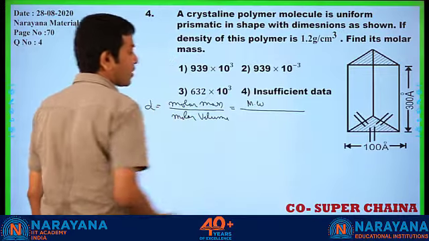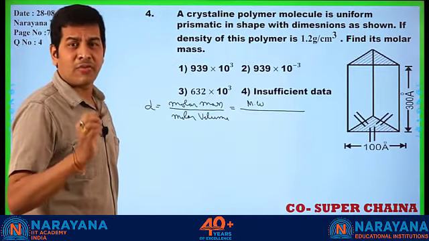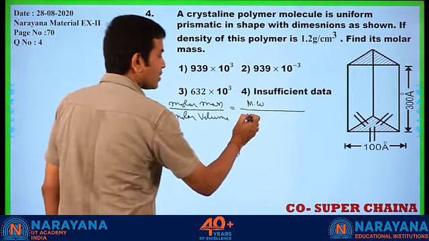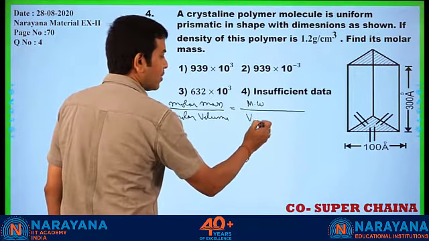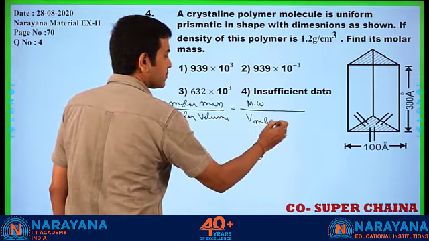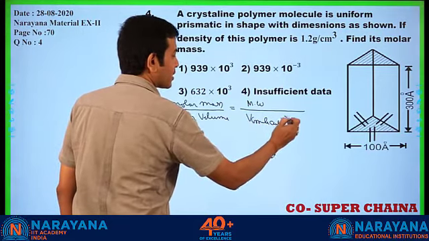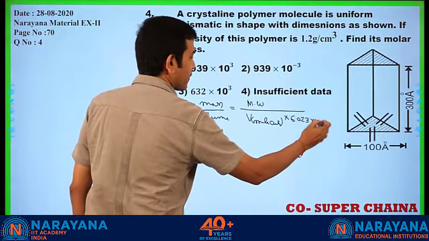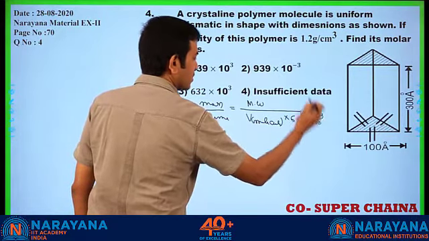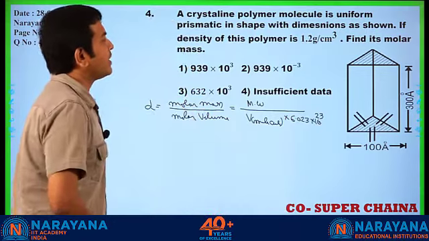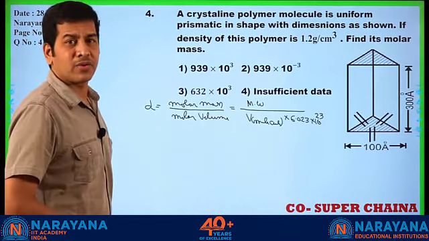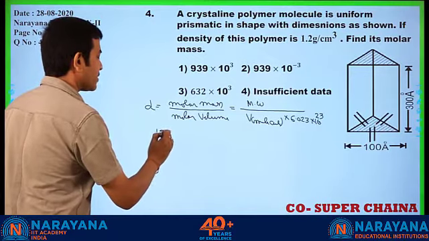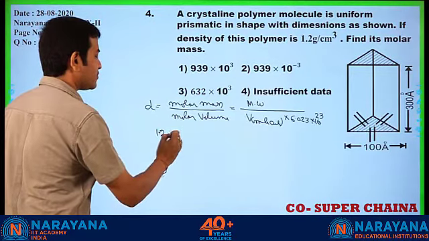Molar volume means volume of one molecule into Avogadro number, 6.023 into 10 power 23. That is molar volume. Density value is given, 1.2 gram per centimeter cube.